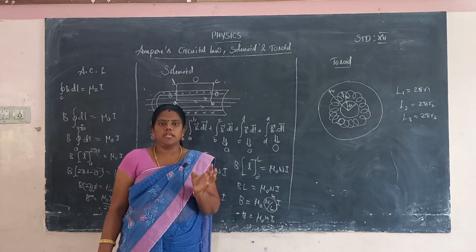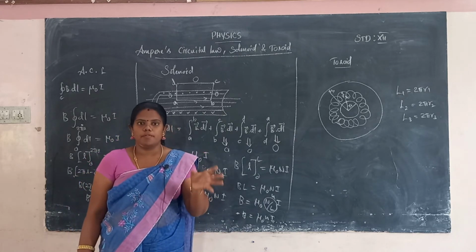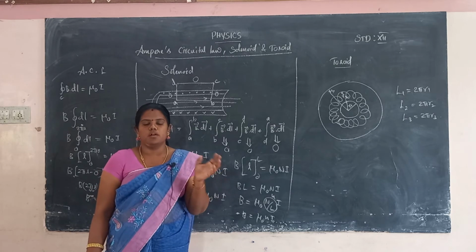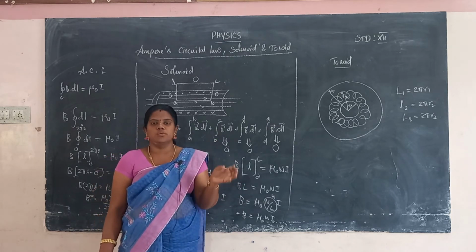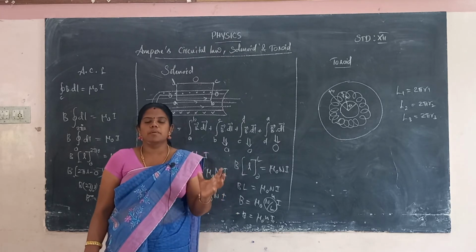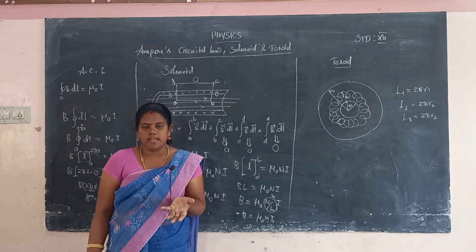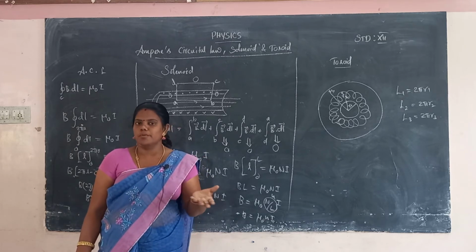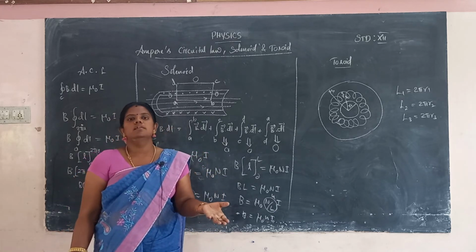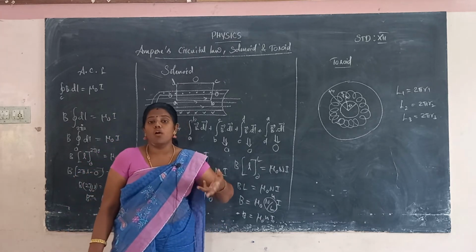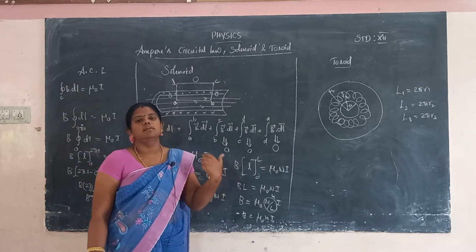A permanent magnet just gives magnetic power only; there is no off option. But if you make an electromagnet using a solenoid, it will definitely behave as an on and off magnet. So the solenoid acts as the on and off position of the magnetic power. That is, the solenoid is used to make electromagnets.